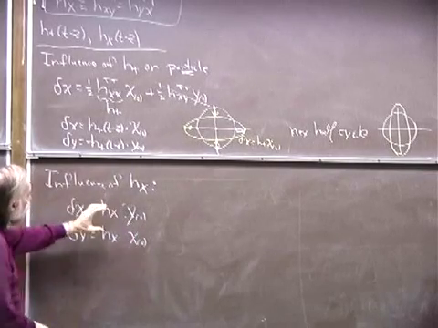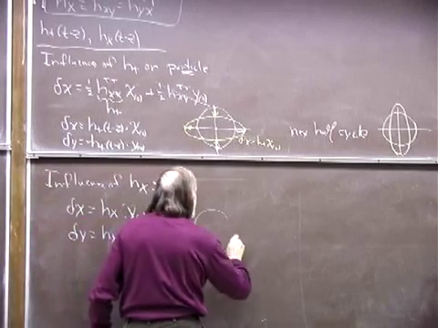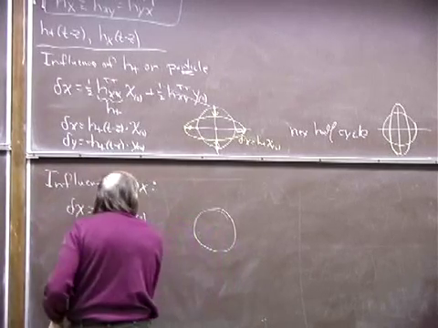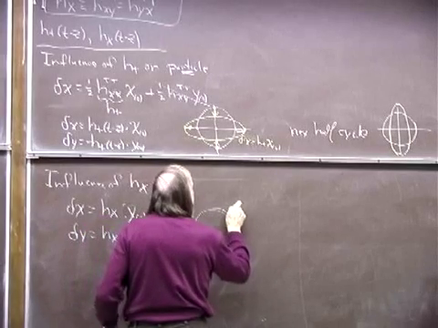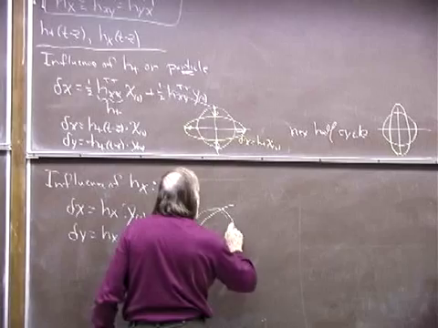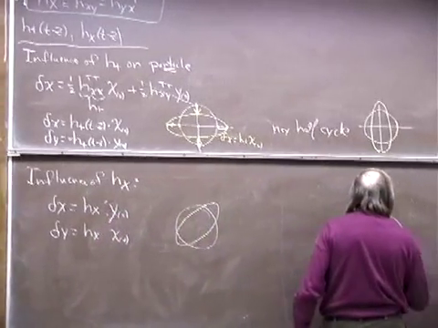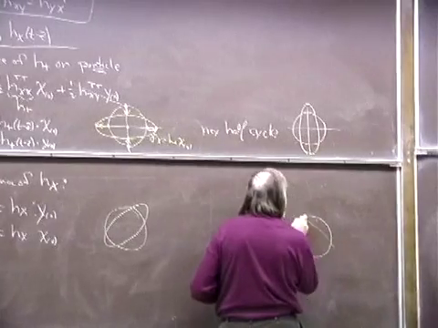And you can go through the physical meaning of this and see that what is going on is that a circular ring of particles around particle A will, when h cross is positive, get deformed like that, and when h cross is negative, it will get deformed like this.